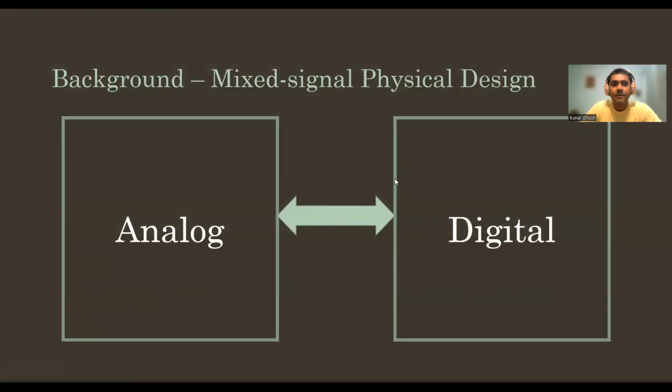So fundamentally, for anybody who is a very basic student over here, just to give you a little bit of background: whichever chip you see in the market, it could be any kind of microchip, it is generally not only digital. It's a mix of digital and analog.